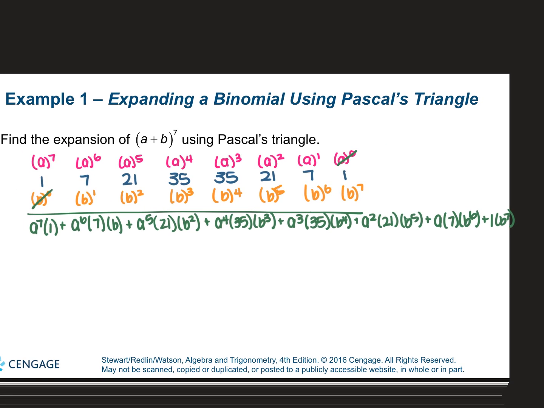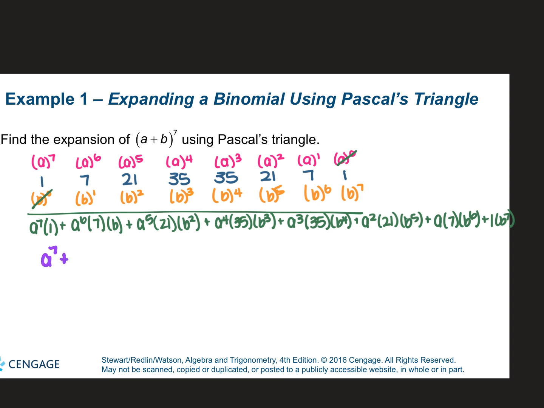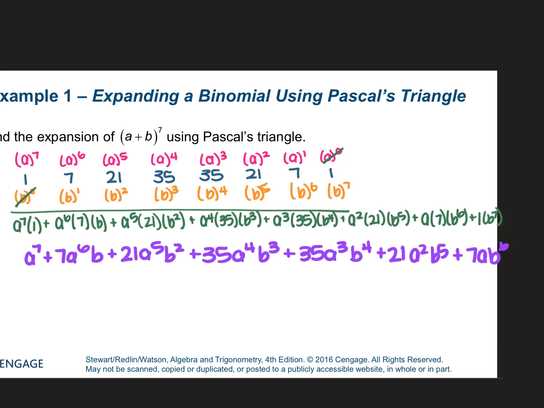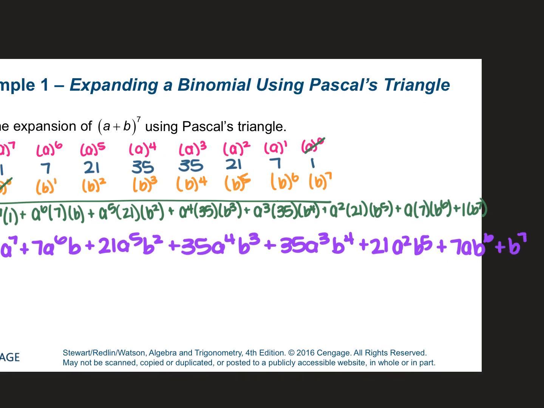So we're going to combine or multiply all of these to get a to the seventh power plus 7a to the sixth b plus 21a to the fifth b squared plus 35a to the fourth b to the third plus 35a to the third b to the fourth plus 21a squared b to the fifth plus 7ab to the sixth plus b to the seventh.